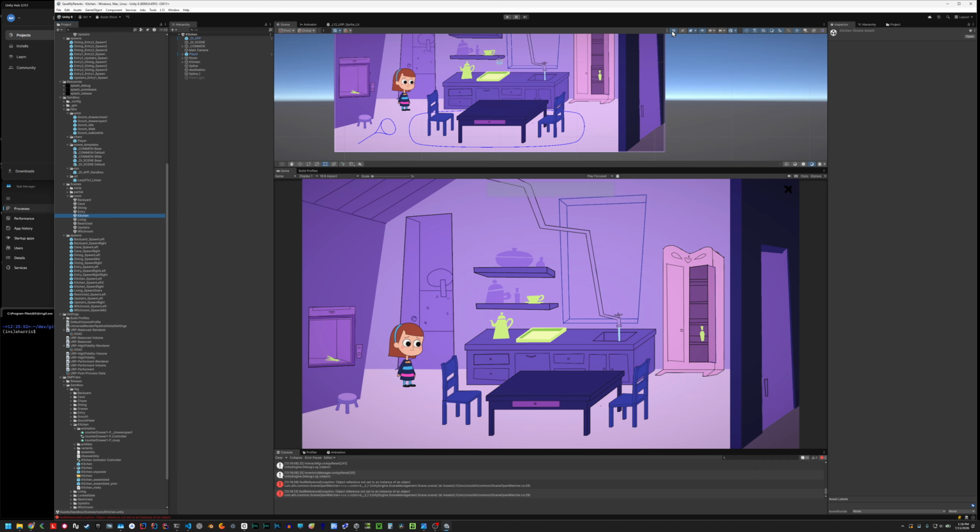We want it to feel very 3D in movement and interaction, but we wanted the art style to be 2D. And so this was a difficult, challenging kind of problem to solve, but it was also fun, and the result is very cool.